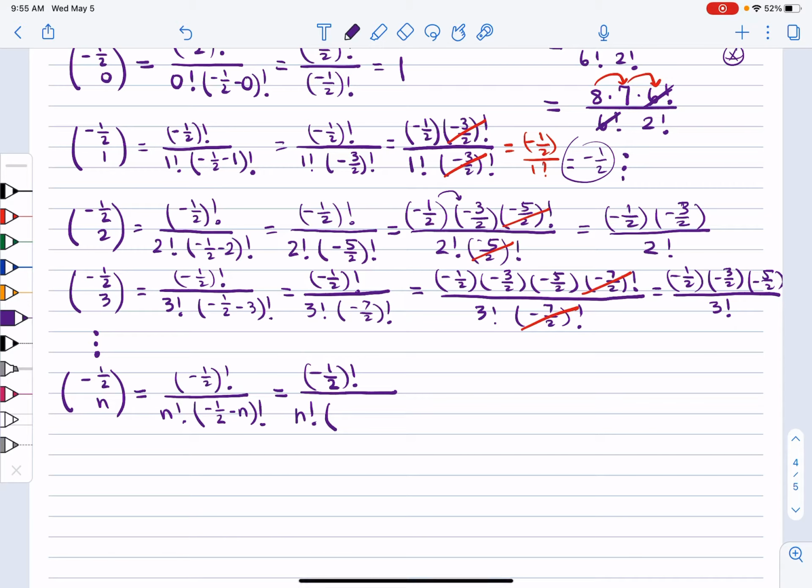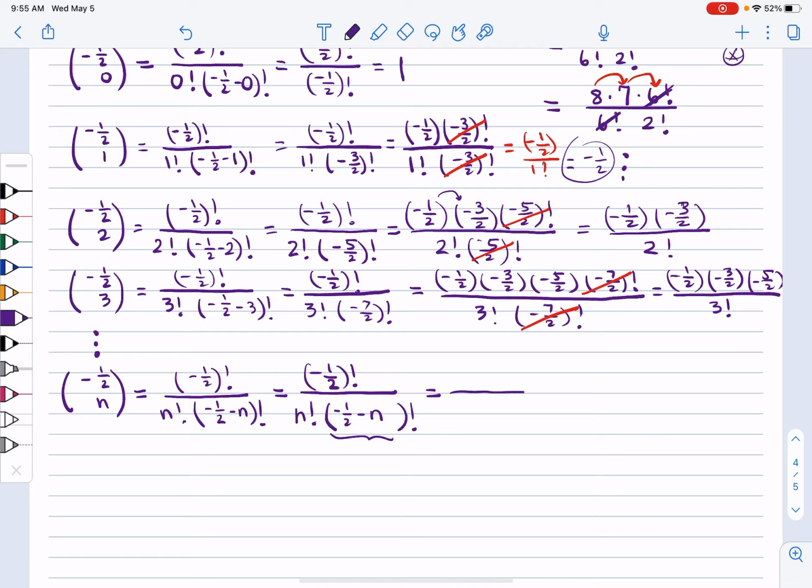And then we can write it down as negative 1 minus 2n over 2 factorial. This would be a little difficult to simplify if we wanted to. So instead, we're going to leave it as negative 1/2 minus n factorial.